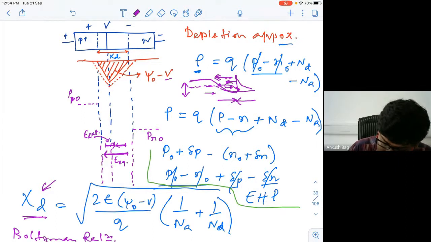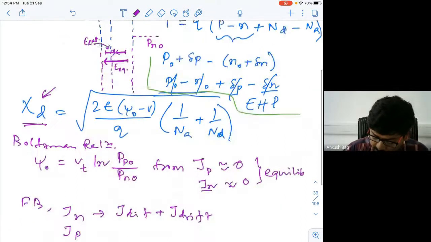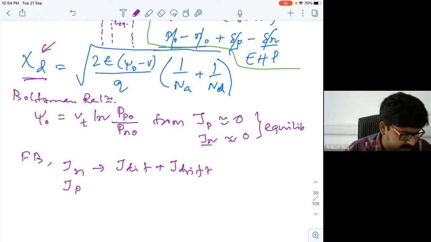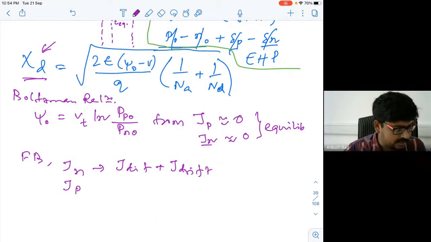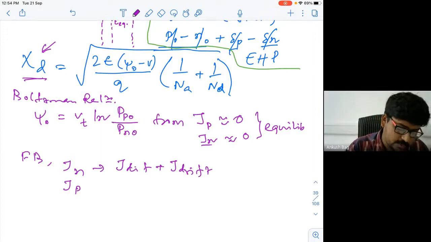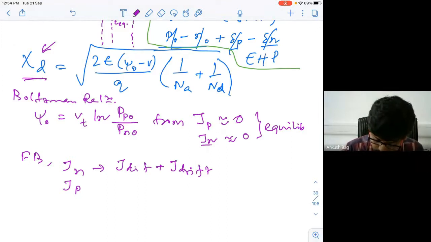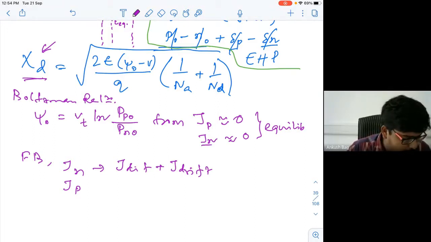Now under forward bias condition, this diffusion is more. So that means we should have some Jp and Jn under this space charge region. But individually this drift and diffusion current is very high.